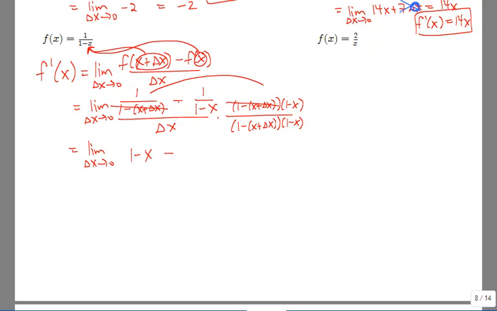Then I'm going to subtract from that. When I multiply this second fraction, this time the 1 minus x's cancel, so I'm left with this other factor, the parentheses 1 minus x plus delta x. On the bottom, just push all three of these factors together. Don't bother distributing.